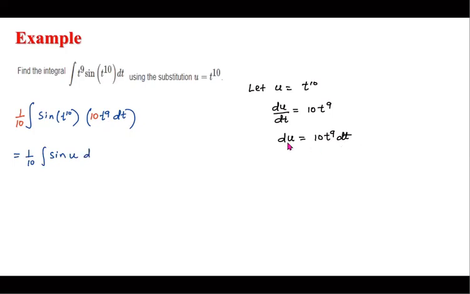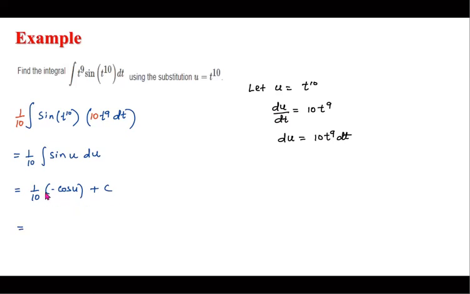So that is 1 over 10 times the integration of sine u du. Integration of sine u is negative cosine u. And this is an indefinite integral, so we need plus c at the end.